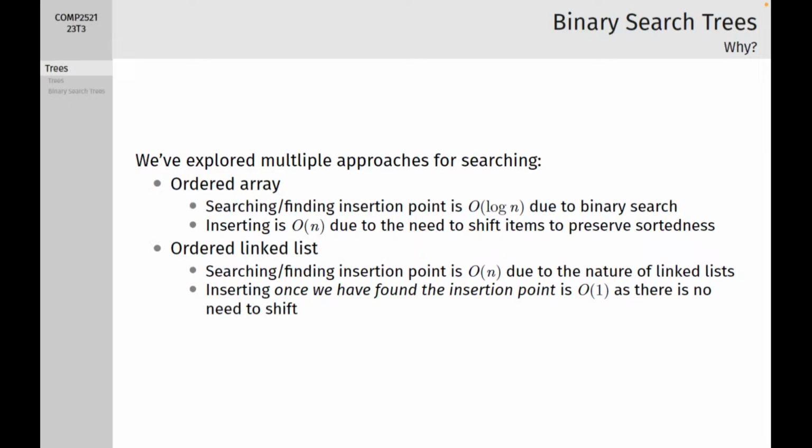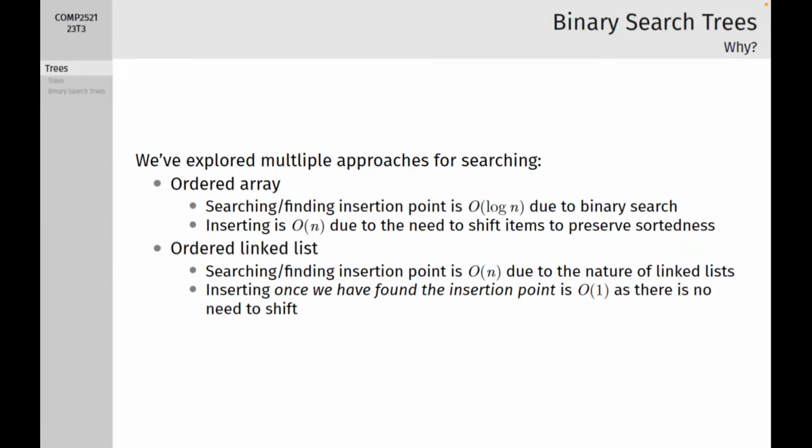And what are some methods so far that we've explored for searching? Just before, when we were looking at the set ADT, we looked at an ordered array. We also looked at an unordered array, but that wasn't very good. So let's talk about an ordered array. With an ordered array, finding the insertion point or searching is O(log n) due to binary search.